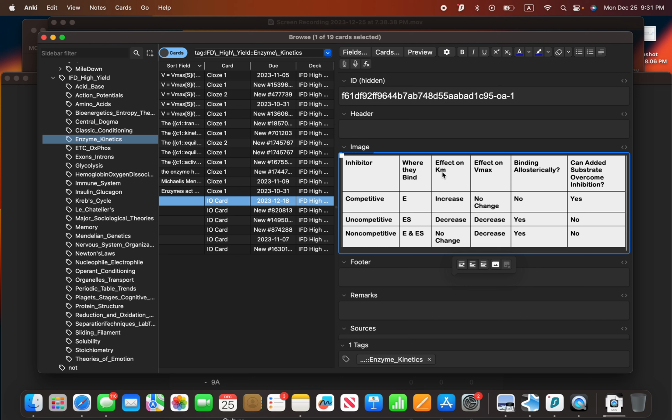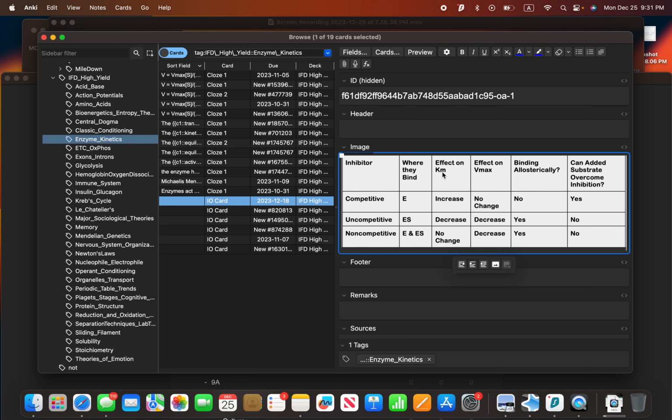Because the competitive inhibitor binds to the active site of the enzyme, it will have no effect on the Vmax in the first place, because the enzymes come back as empty enzymes. And also, when you increase the substrate concentration, you can overcome the competitive inhibitors. So it will have no effect on the Vmax.